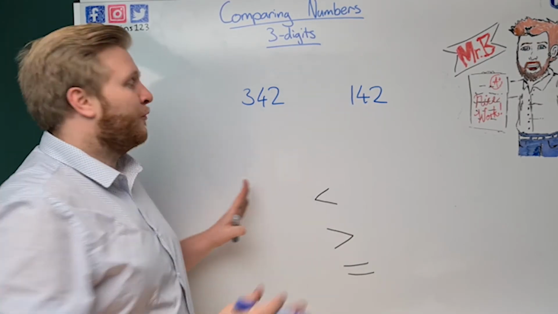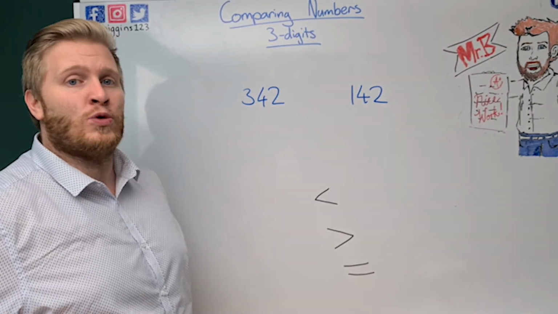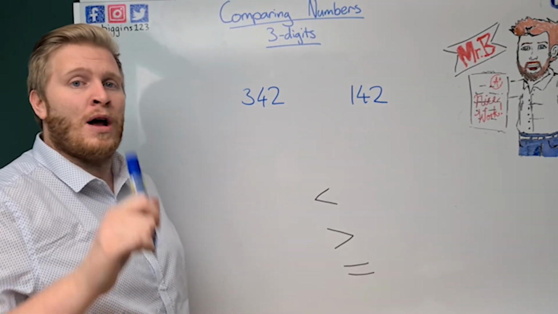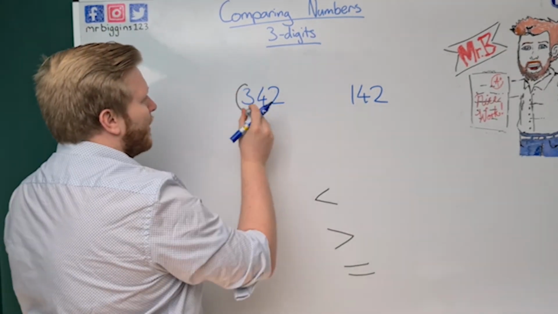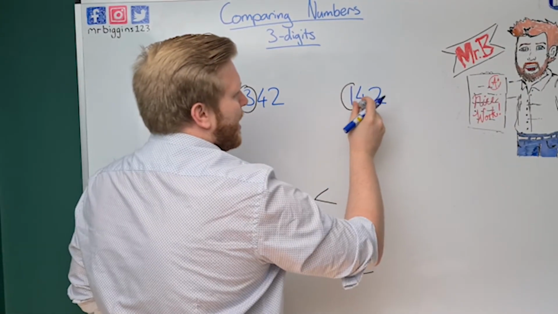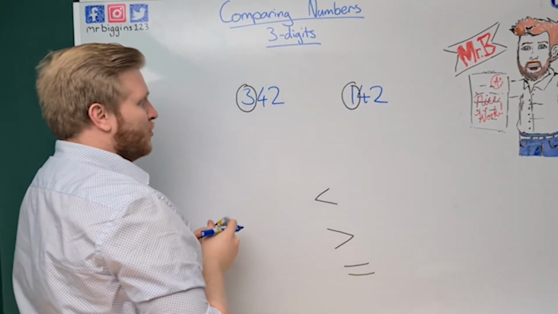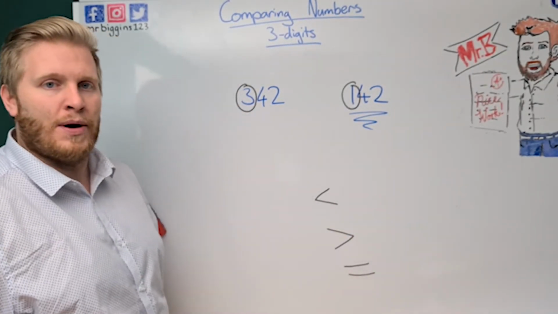I'm going to look from the left and I'm going to compare those digits to see which one is the smallest. So here, let's have a look. I have a 3, so I have 3 hundreds. And here I have a 1. So that shows me that this number is the smallest number.